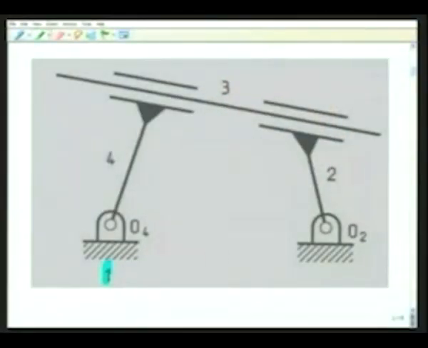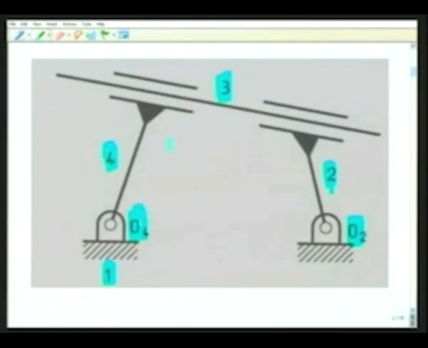As an example of a redundant degree of freedom, let us look at this 4-link mechanism where we have link number 1, which is the fixed link, link number 2, which is connected to link number 1 through this revolute pair at O2. There is link number 4, which is connected to link number 1 through this revolute pair at O4. And link number 3 has 2 prismatic pairs connecting it to link number 2 and link number 4.